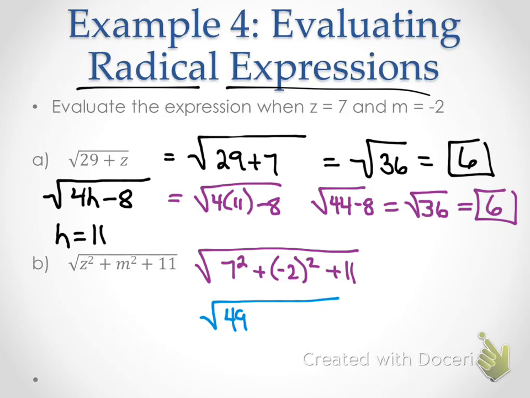It's saying -2 times -2. Negative times a negative is a positive. 49 plus 4 plus 11, that's going to be the square root of 64, which comes out nicely to an answer of what? 8. Okay, so just plugging in the numbers and evaluating. That's what we're doing in example 4.